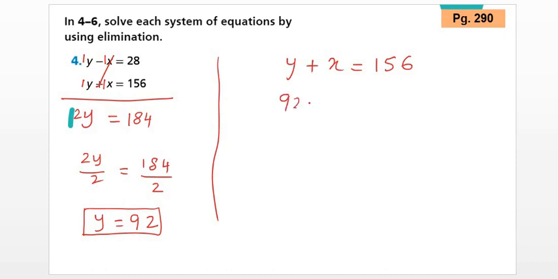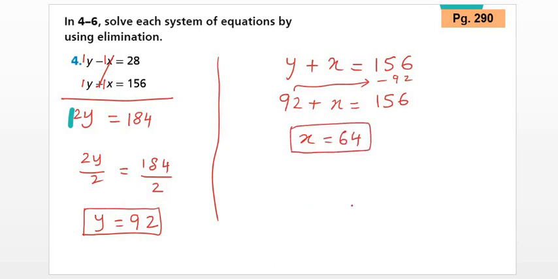So here you will put 92 plus x equals 156. By the way, if you are using calculators, then there is no issue. So x equals, this one will change into -92. So 156 minus 92 will be 64. So the value of x becomes 64, and the system of equations is solved. We got the values of both our variables.